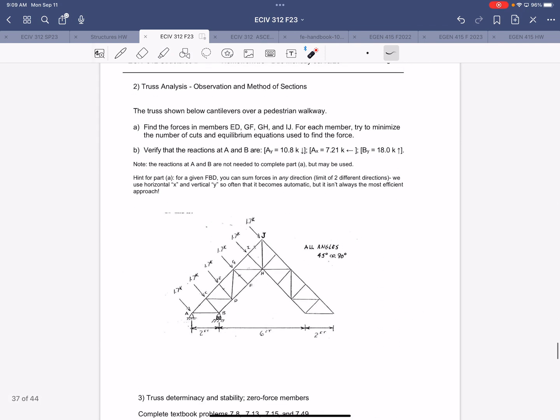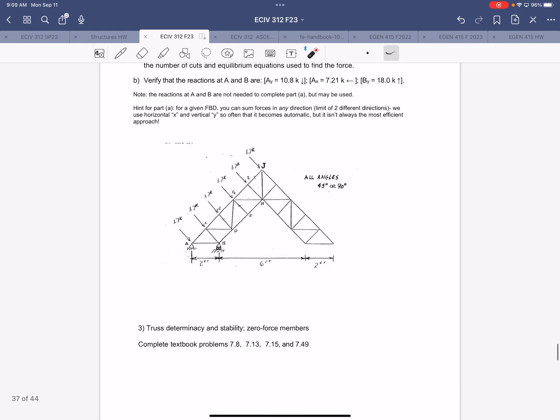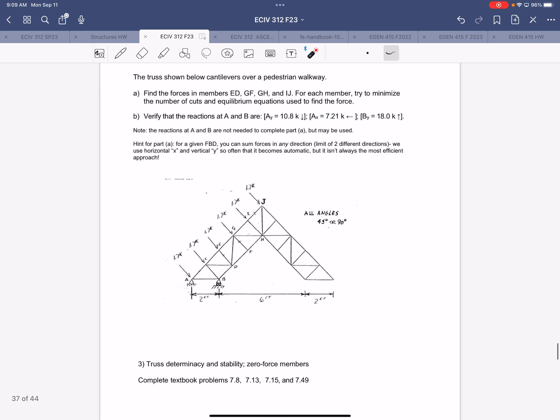Okay. All right, so then the second page of the homework is tied to things we'll talk about today. This problem is going to be a good method of sections application and observation, identifying zero force members, things like that.